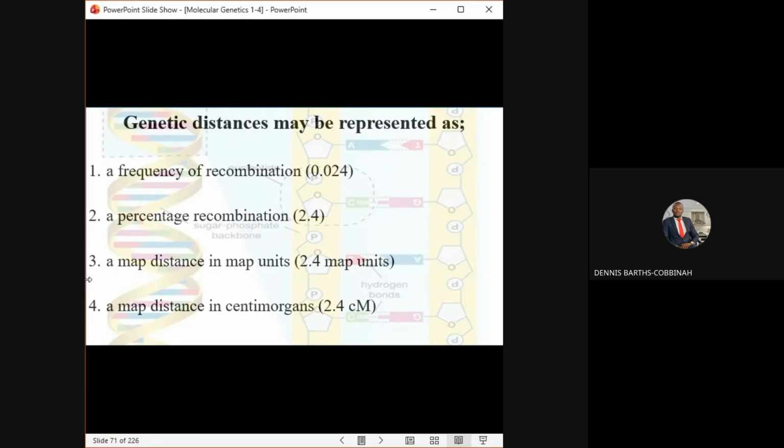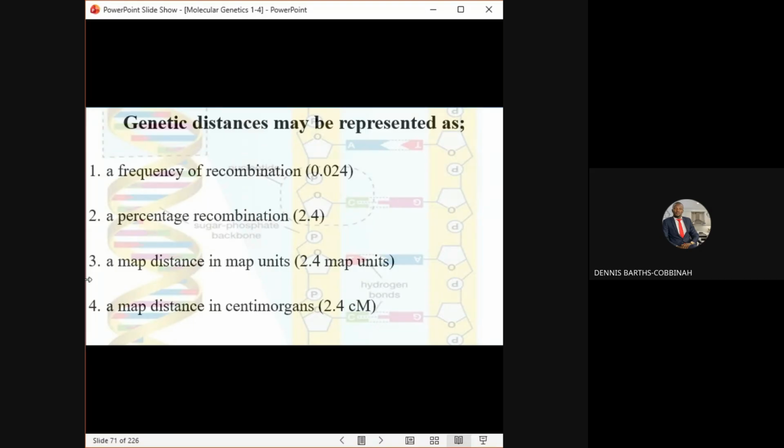For example, if you have 0.050 in frequency of recombination, in percentage recombination you have 5.0, and in map distance you have 5.0 map units. On your screen, you have 2.4 map units. The last one we can consider is the distance measured in centimorgans, represented as small c, capital M.